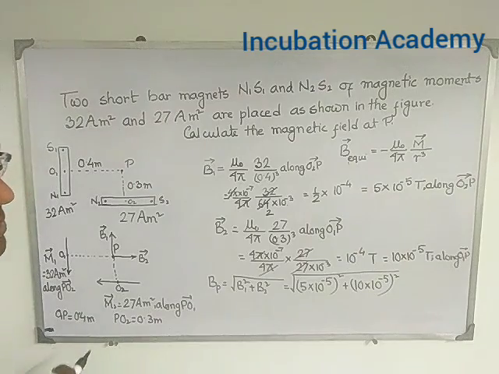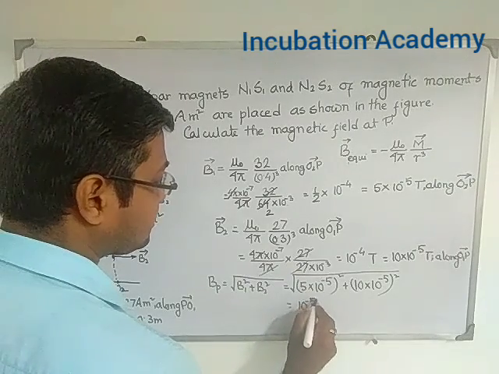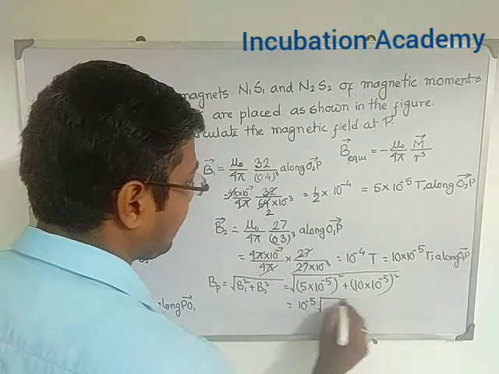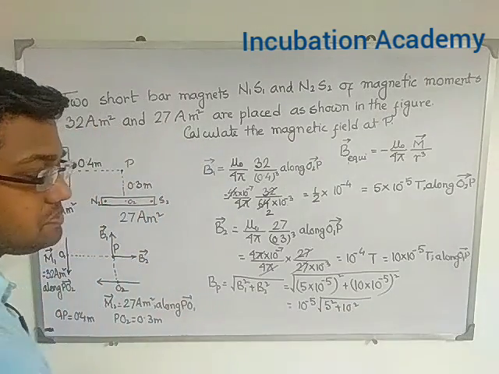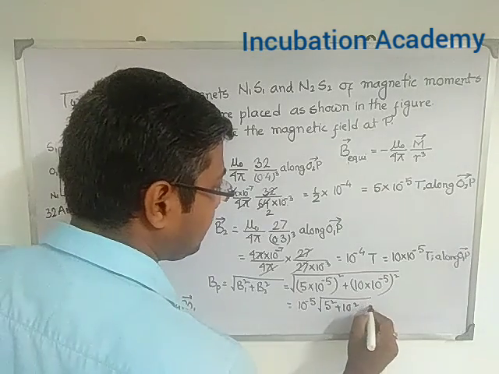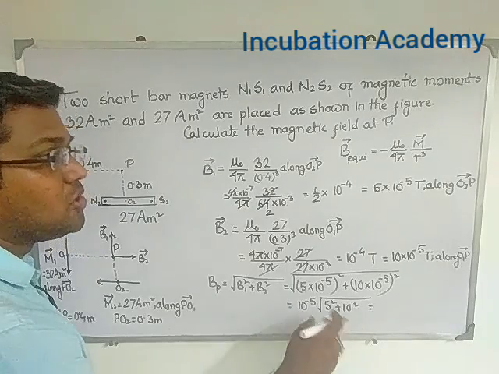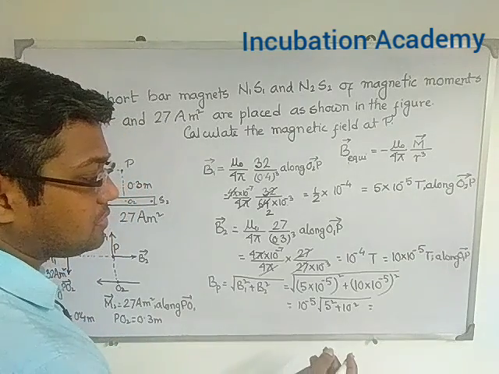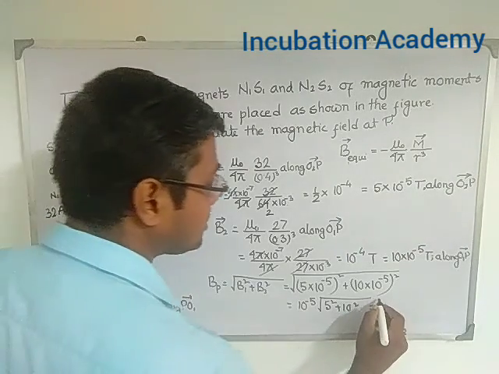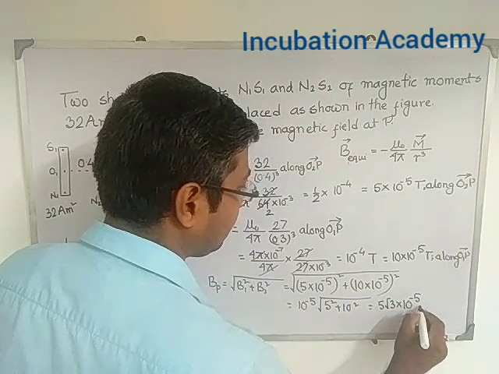I can take 10 to the power minus 5 outside, so it becomes 5 square plus 10 square, which is 25 plus 100, that is 125. Root over 125 is root of 25 into 5, so it is 5 root 5 into 10 to the power minus 5.